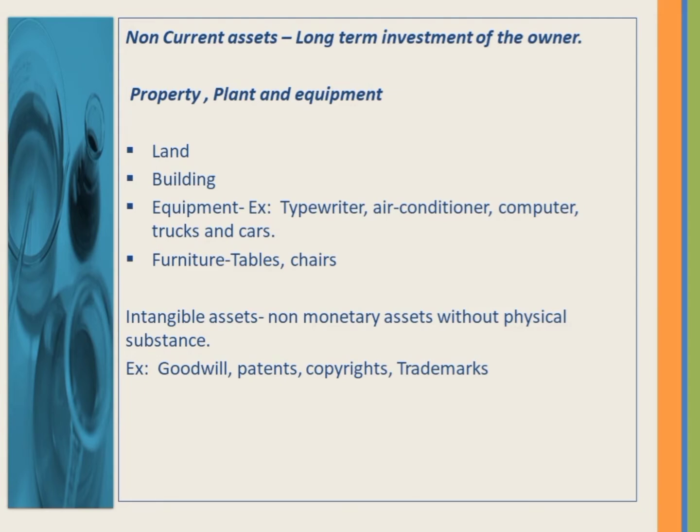For property, plant, and equipment, we have land and building. Examples of equipment are typewriter, air conditioner, computer, trucks, and cars. Examples of furniture are tables, chairs, and sala set.